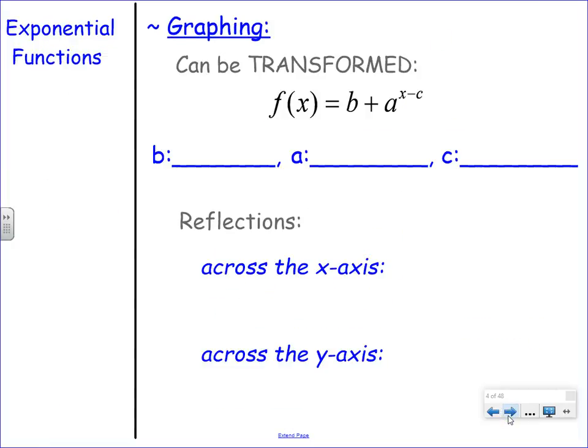What does this page say? It can be transformed, but it's okay. We've got it because we've done transformations, right? Does anybody notice anything missing? I have addition outside, subtraction inside.